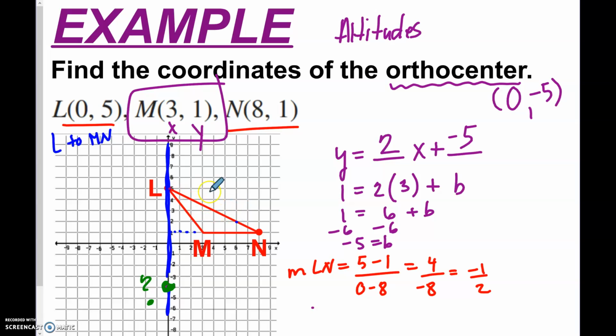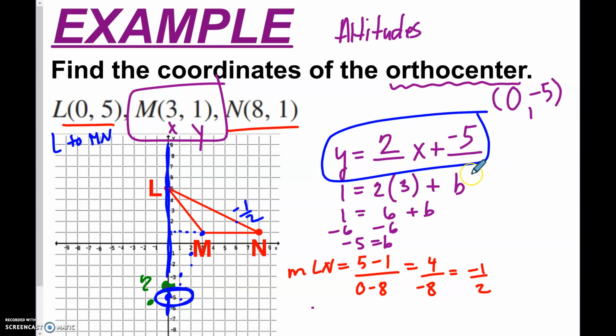I can count from M: if this slope is negative 1/2, I can go down 2 over 1, down 2 over 1, down 2 over 1. And isn't that the point, negative 5, that we found algebraically? My drawing was just a little bit off for my sketch. So this Ortho Center is meeting at the point 0, negative 5.